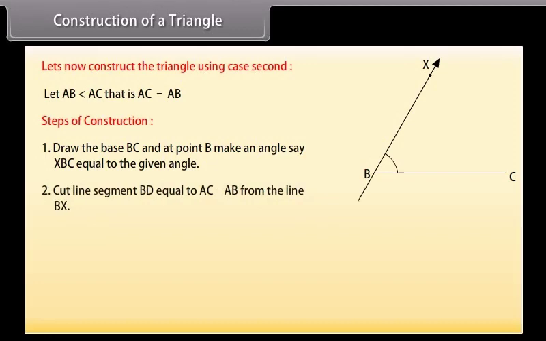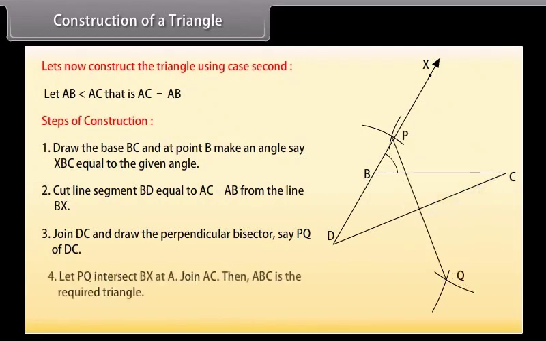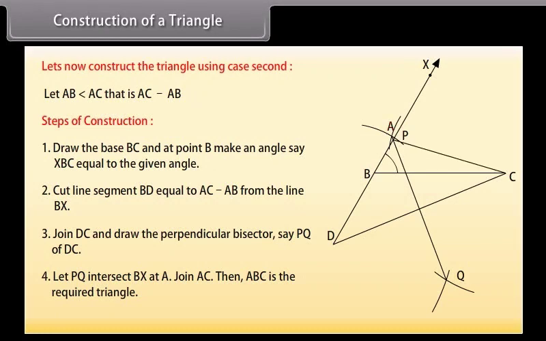Next is to cut line segment BD equal to AC minus AB from the line BX. Now join DC and draw the perpendicular bisector, say PQ, of DC. Let PQ intersect BX at A. Join AC. Then ABC is the required triangle.